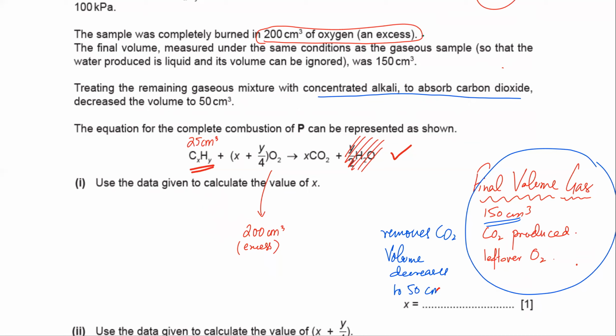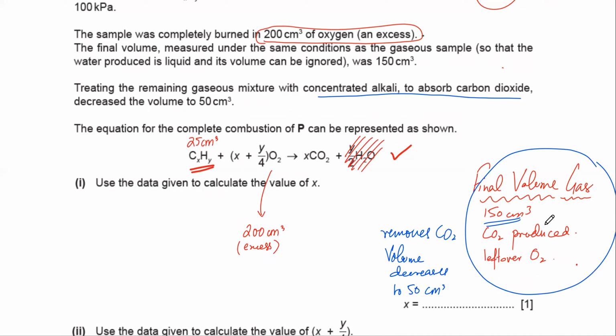So first thing is, what does that indicate? How much carbon dioxide was present? Originally the volume was 150. And then when you try to remove the carbon dioxide, the volume drops to 50. So how much carbon dioxide was present over here? What is going to be the answer? 100.